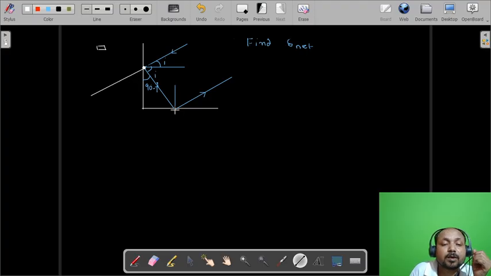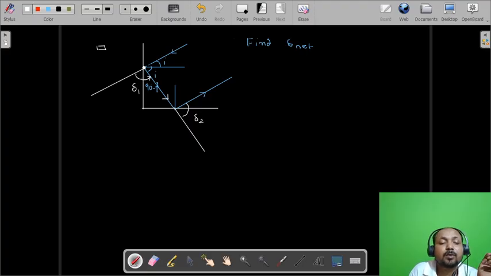So first and second, this is the incident ray which has reflected at this point. Here we can say that this angle is the angle of incidence and this is the angle of deviation. Let's say this is del 1. Now here also this is the deviation angle, let's say this is del 2.